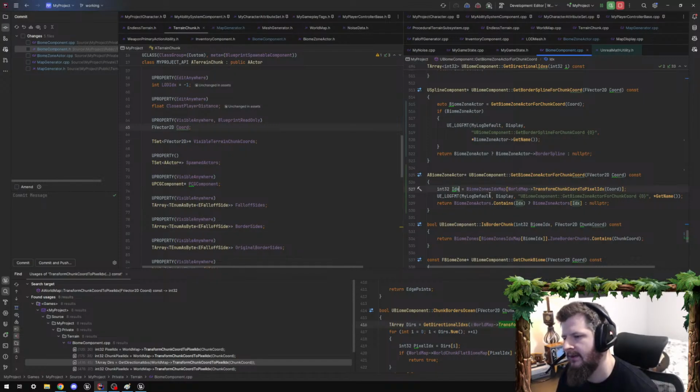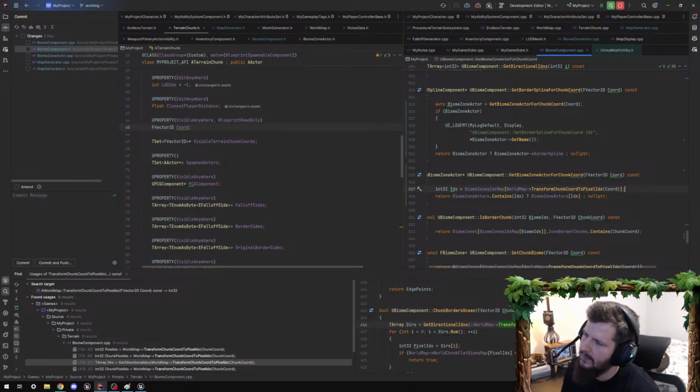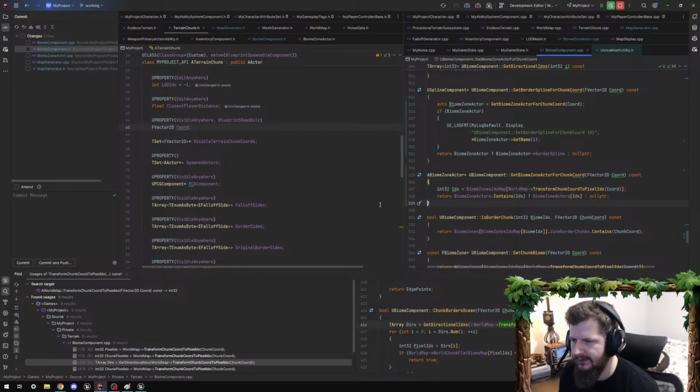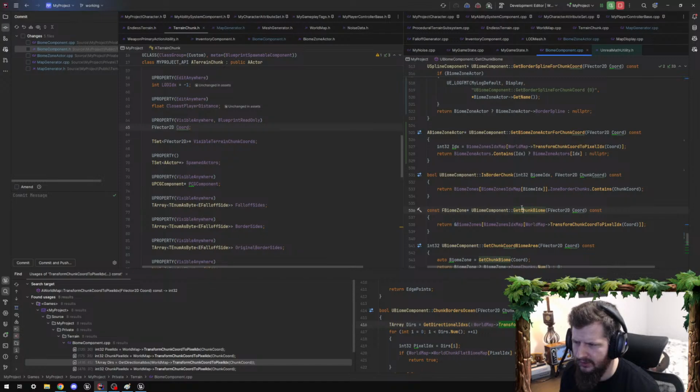I'm not really going to get any information there. And get chunk biome uses the same thing, and that's working fine, of biome zone index.